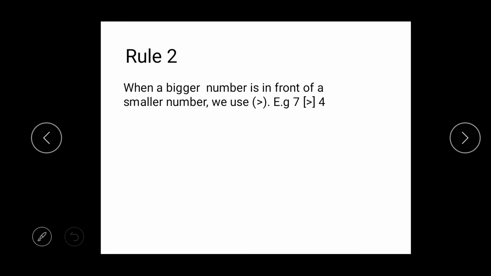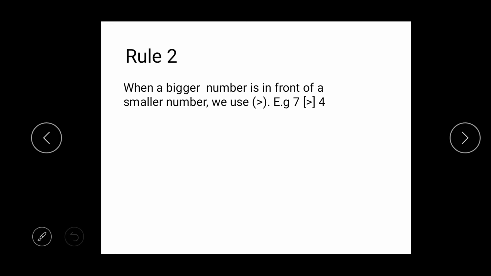The next rule, which is the second rule, says when a bigger number is in front of a smaller number, we use greater than. So let's see, this is 7 and this is 4.